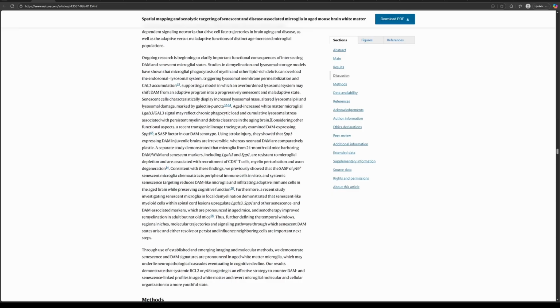So as you age, there's an accumulated stress to the organelles, the lysosomes within your microglia, that cause them to be less efficient at keeping the enzymes that they produce separate from the rest of the cell. This Gal3 exits the lysosome and enters into the microglial cell as a whole and causes it to shift from a normal state into a maladaptive senescent state.